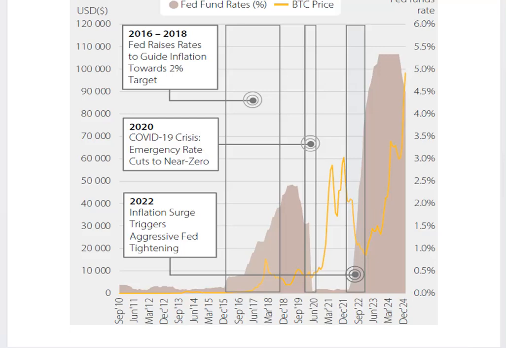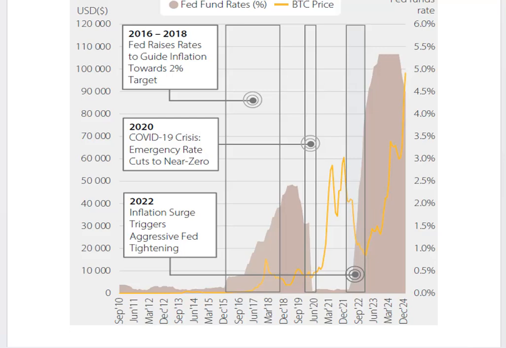On the other hand, Bitcoin's price downturn in 2018 to 2019 and its stagnation in 2022 align with periods of rising interest rates, as you can see.